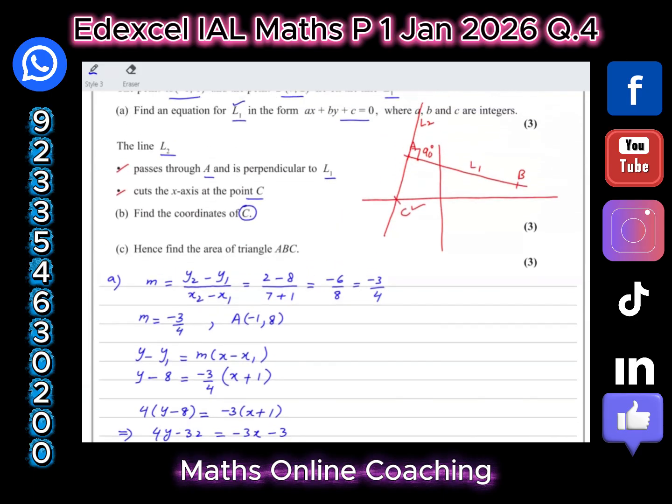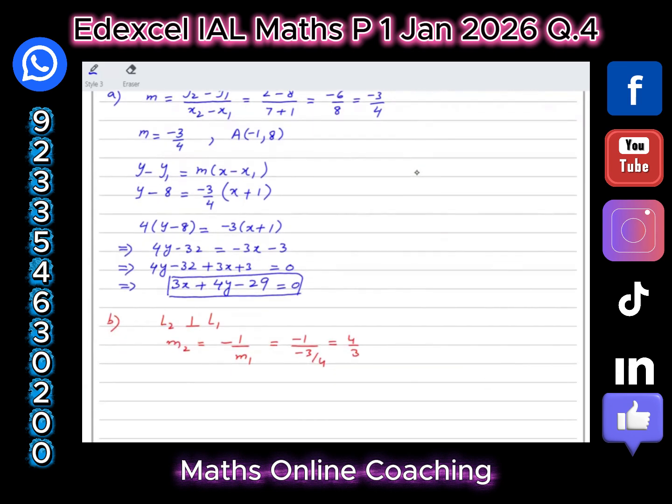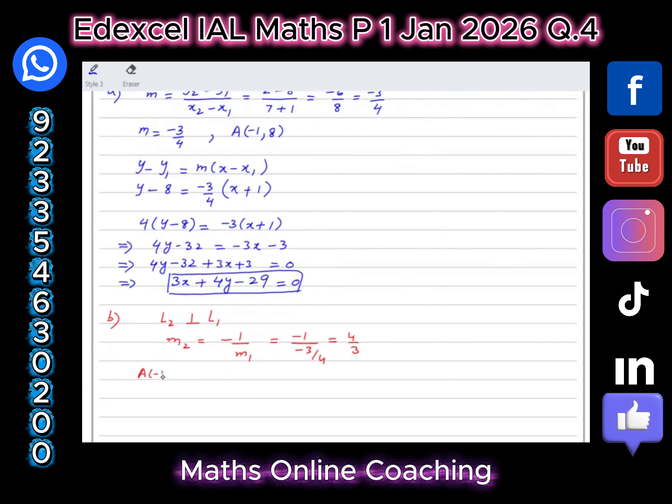Now we find the equation of the line L2. As L2 is passing through the point A, (-1, 8), and it has the slope 4 by 3, its equation is y minus y1 is equal to m times x minus x1. Here the value of y1 is 8, the gradient is 4 by 3 for L2, and x1 is minus 1.